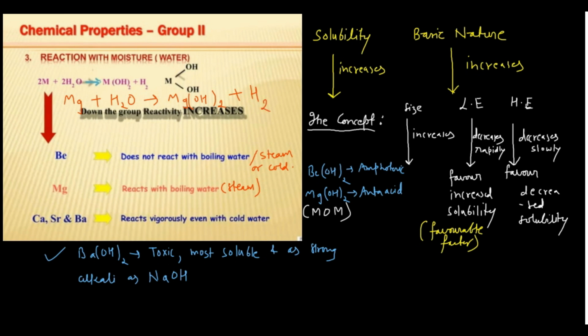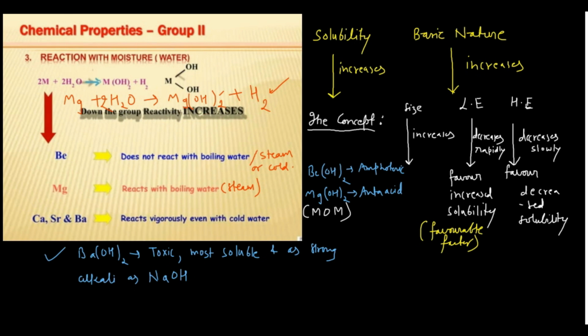So 2 and 2, 4 hydrogen atoms are required, so you should take 2 of water, and then the oxygen becomes 2, and Mg, okay, this reaction is quite fine. This hydrogen evolution occurs, and the reactivity of these metals with water increases as we move down the group. This is the same reason or the same explanation.